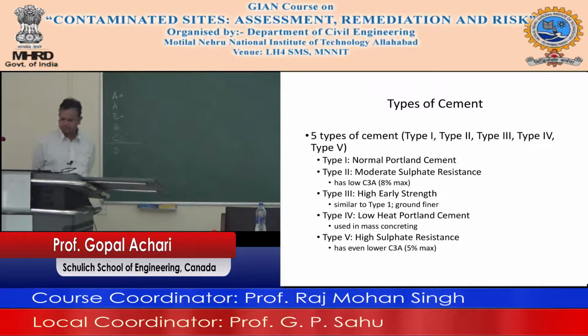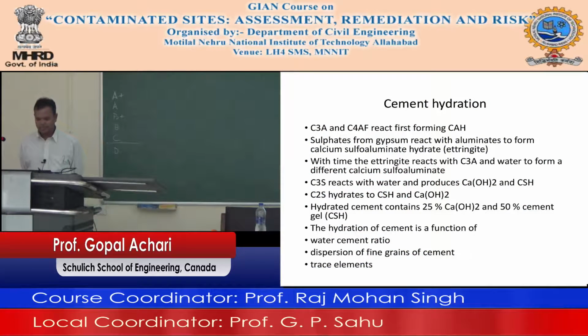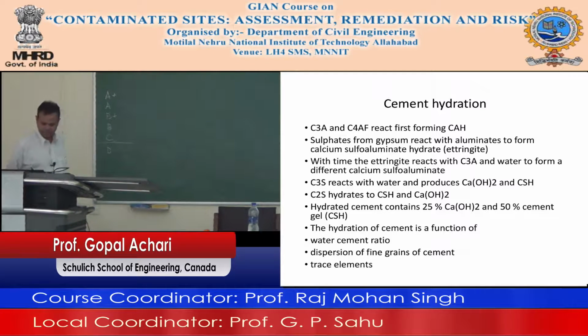Cement hydration. C3A and C4AF first react to form calcium aluminate hydrate. Sulfates from gypsum react with aluminates to form calcium sulfoaluminate hydrate, or ettringite. With time, the ettringite reacts with tricalcium aluminate and water to form a different calcium sulfoaluminate.